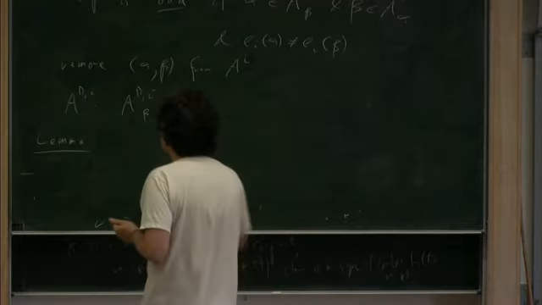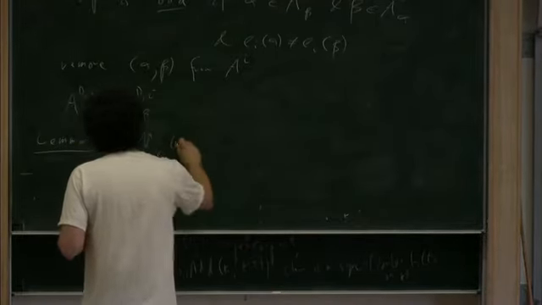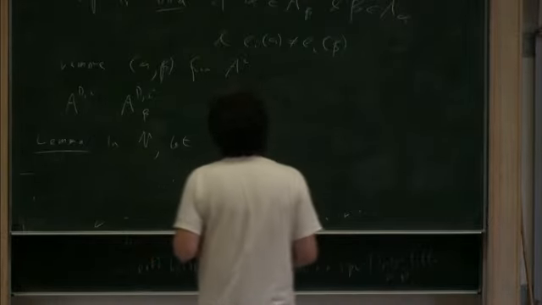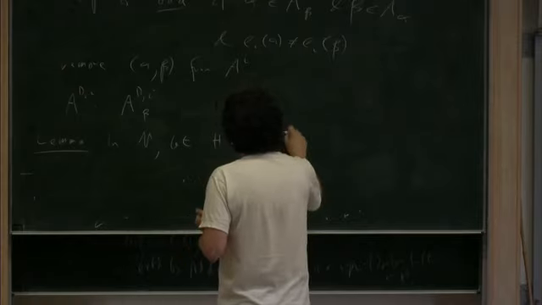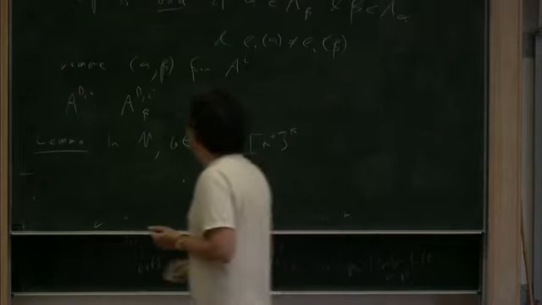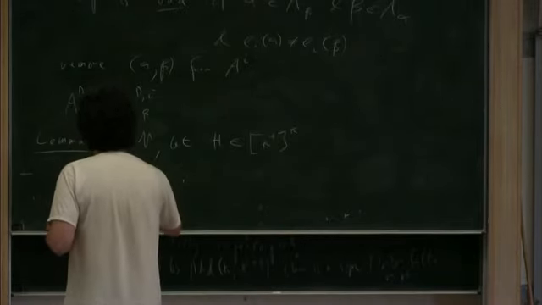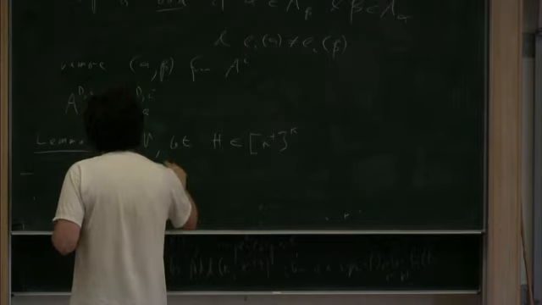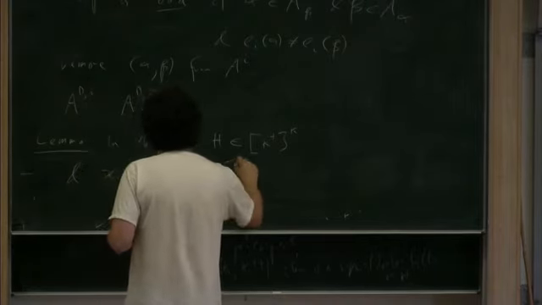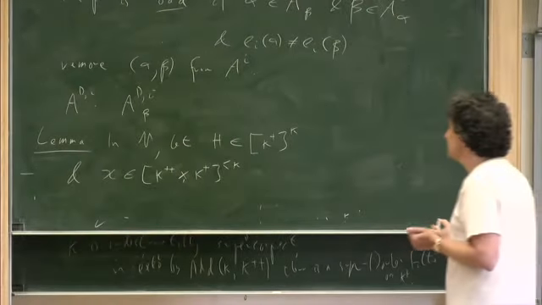So this lemma is going to say, in V, suppose we have a subset H of kappa plus of size kappa, and suppose we also have a set X which is a subset of kappa double plus times kappa plus of size less than kappa.